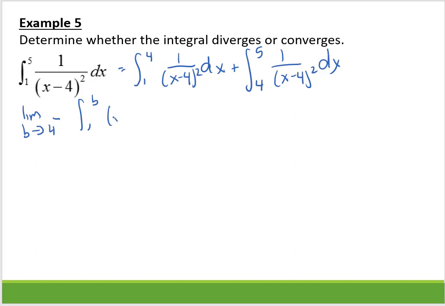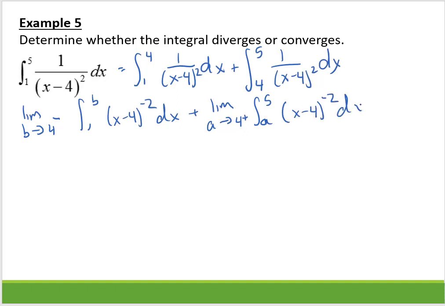I'm going to write this as (x minus 4) to the negative 2, just because it helps me organize. I take my antiderivative.